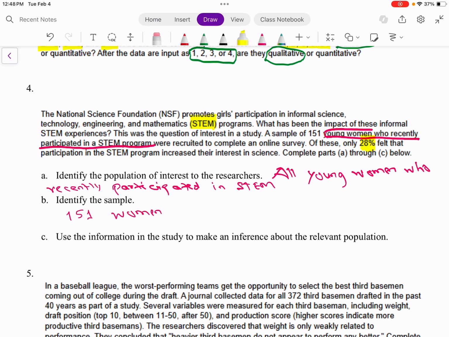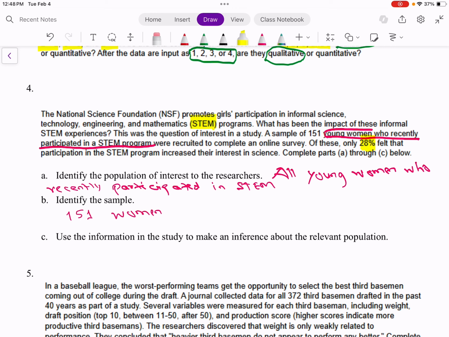From the 151 sample, 28% felt it increased their interest in science. How can we write this result for the population?